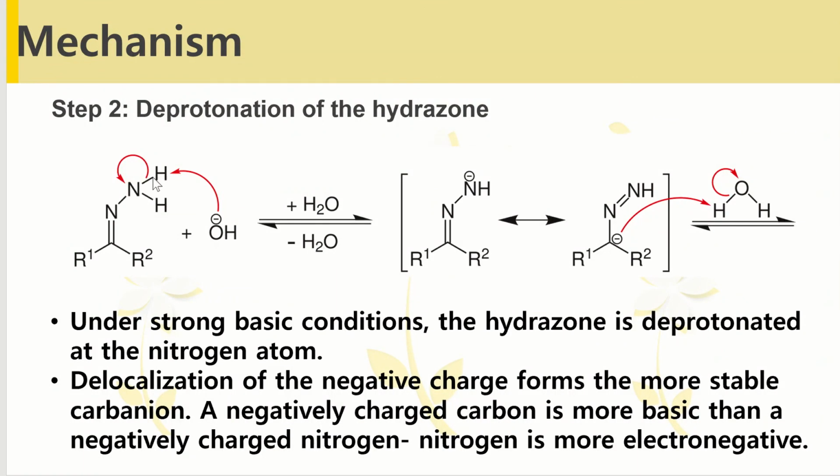And then causing the nitrogen-hydrogen bond to break, and then the pair of electrons now reside on the nitrogen, as we see here. That intermediate is resonance stabilized, right?